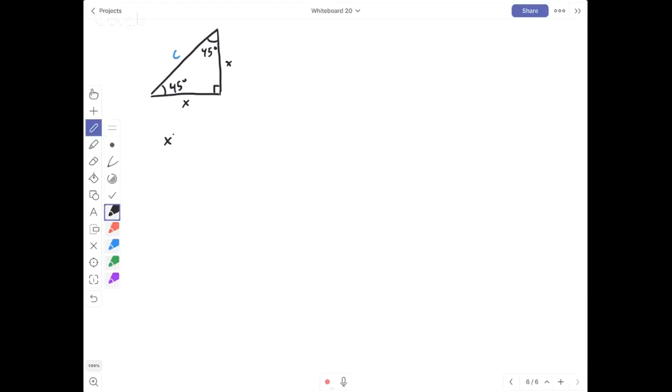And that gives me that x squared plus x squared equals c squared, so that 2x squared equals c squared, so that c equals the square root of 2x squared, so that c equals, I'm going to write it very clearly as the square root of x squared times the square root of 2, which is x root 2.